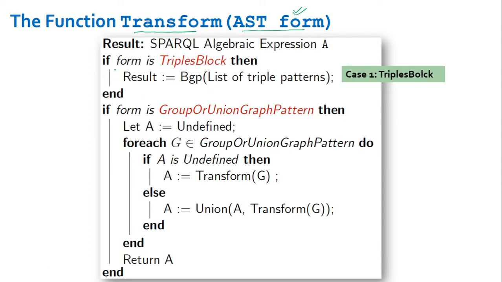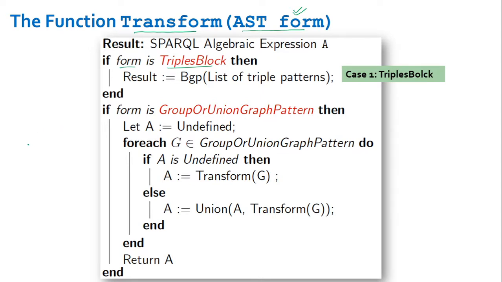Now, if we talk about different cases, we know that case 1 is very simple. If the form is a triple block, then the result will be the BGP of the individual triple patterns. So this is very simple, and this is your case 1. Now, coming to case 2, which is your group or union graph pattern.